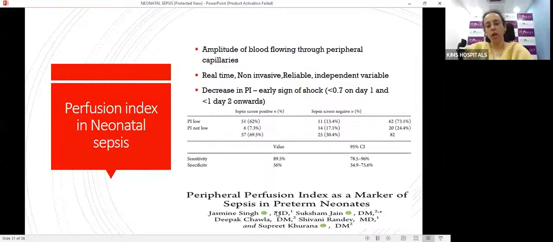In this, they have taken a cutoff of perfusion index less than 0.88 as an indication of early sign of shock or sepsis in those babies. So here, if you can see, the value of less than 0.7 on day 1 and less than 1 from day 2 onwards can be taken as a reliable marker of decrease in the perfusion index, which indicates the signs of shock in the baby.